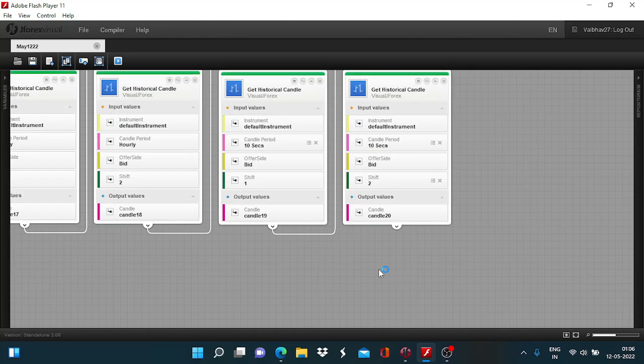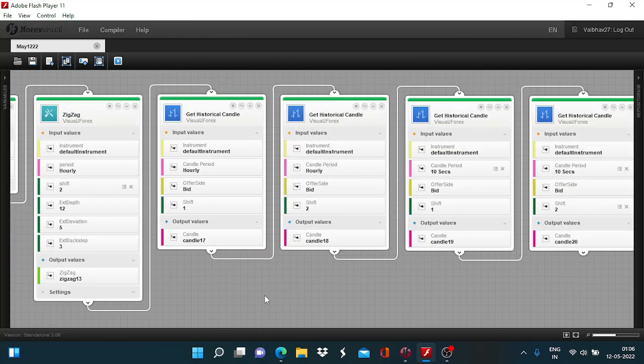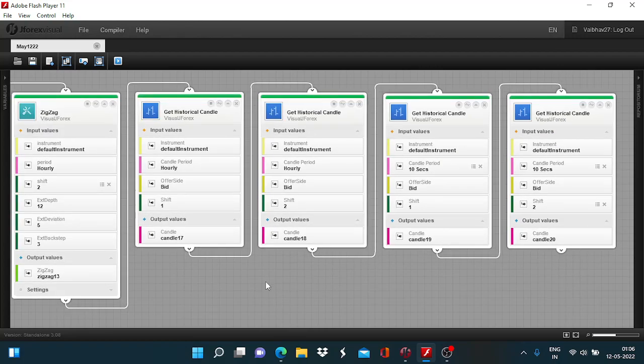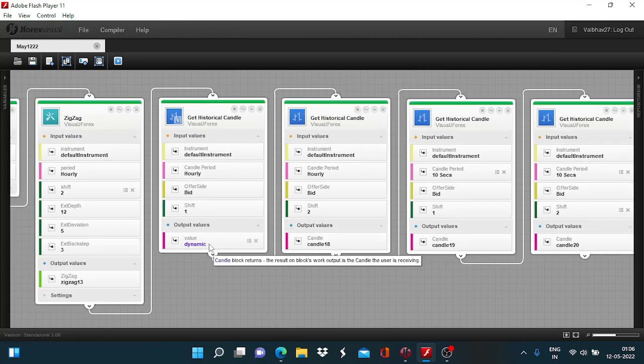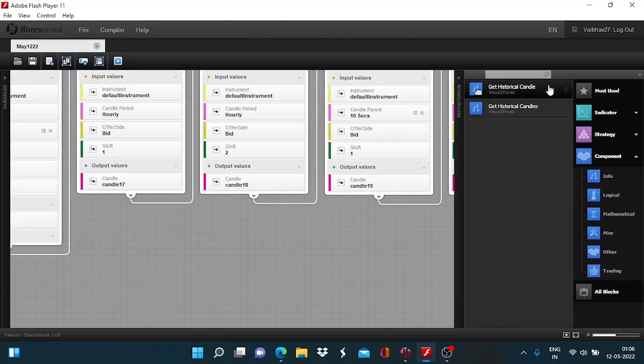All right. After that, we will also get the calculation done to look at the actual difference between the closing and opening values of candle 17 and candle 18 respectively. So for that, we are going to need a mathematical component.